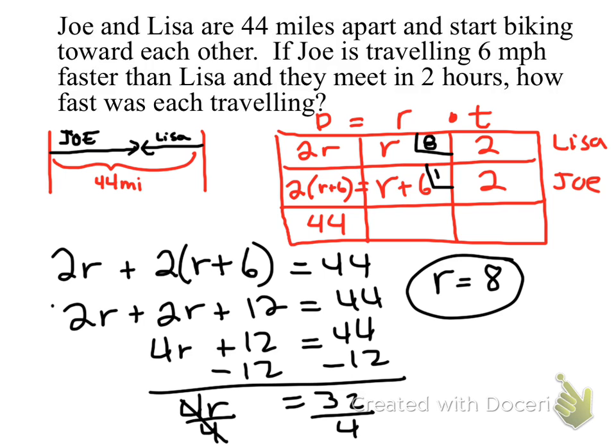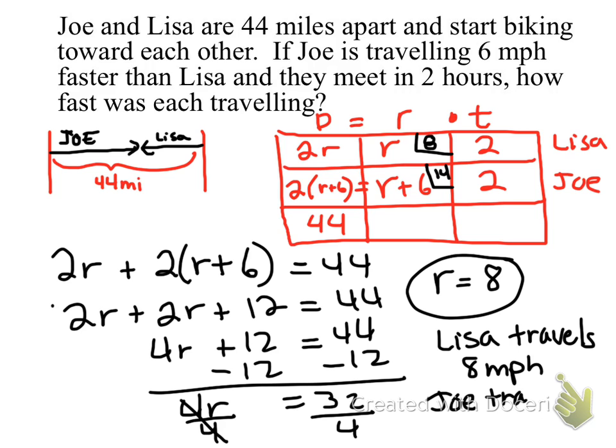For Joe. So then, in a complete sentence, I'm going to say, Lisa travels 8 miles per hour, and Joe travels 14 miles per hour.